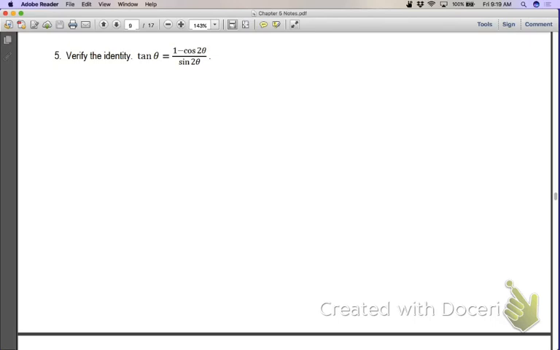And I'm going to worry about the denominator side first, because the top side I kind of have options. And if I have options, I want to figure out what's going to be my best option. There's only one way to rewrite sine of 2 theta, so that's the only way I want to rewrite it.